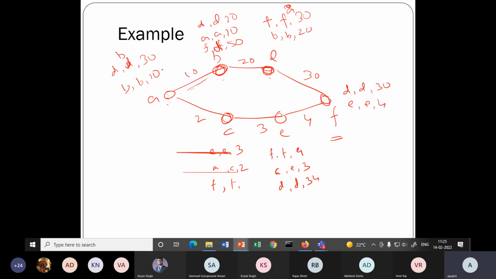So A does not know of the path. So 20 plus 10, 30, new route, but the next hop is B. Similarly, this will be DF34. And then this will be FE7.